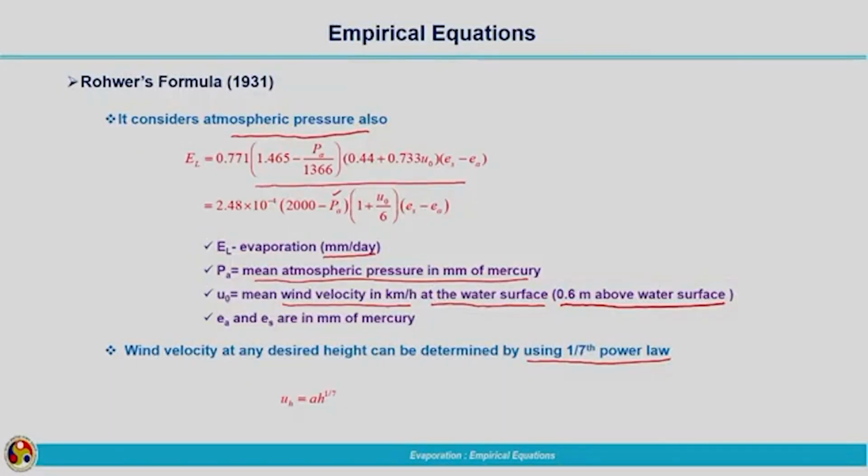So, UH is given by A h to the power of 1/7. So, if we are having two elevations, we can write U2 divided by U1 is equal to (H2 divided by H1) to the power of 1/7. From this we can get the wind velocity at a different elevation U2. So, this is the particular formula used under Rohr's method.